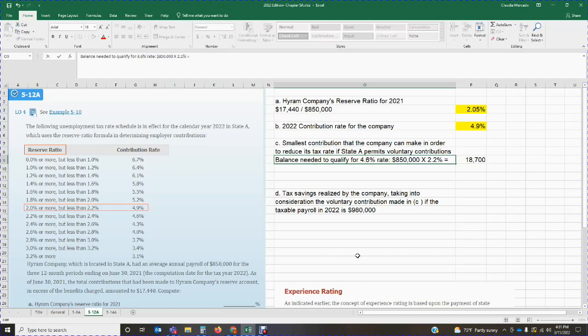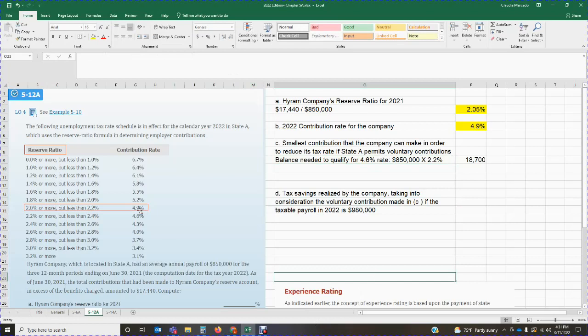So in order to qualify for that next tier below, which would be to pay 4.6%, the balance needed would be the 18,700, the 850 times the 2.2% right here.